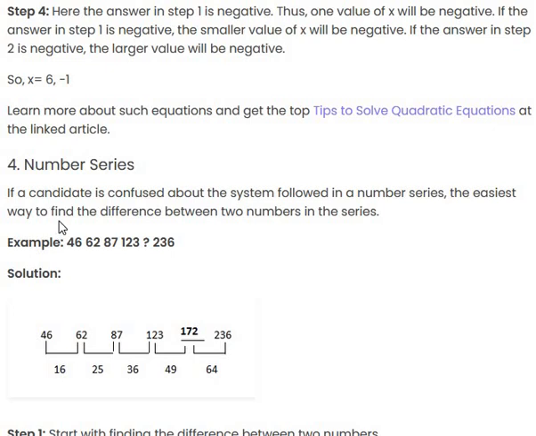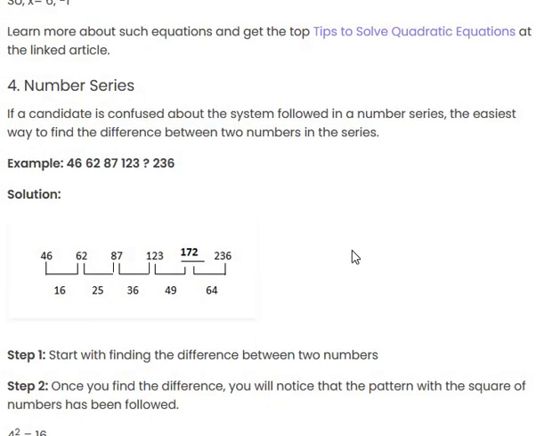Question 4, number series. If a candidate is confused about the system followed in a number series, the easiest way is to find the difference between two numbers in the series. Example: 46, 62, 87, 123, question mark.